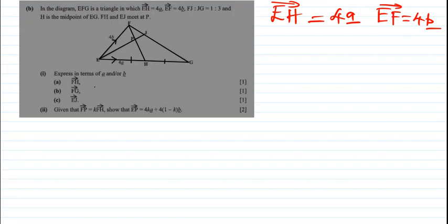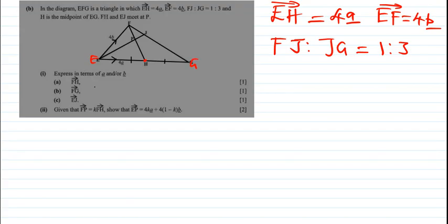And then we are told FJ to JG is in the ratio 1 to 3, and H is the midpoint of EG. That's the implication of that statement.